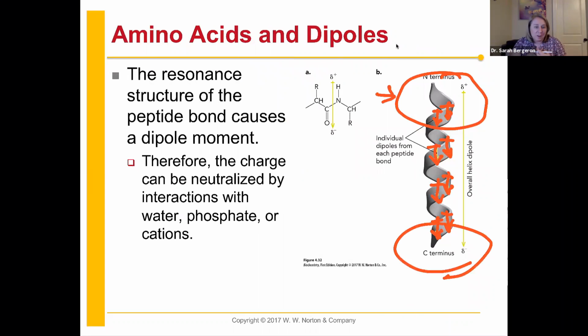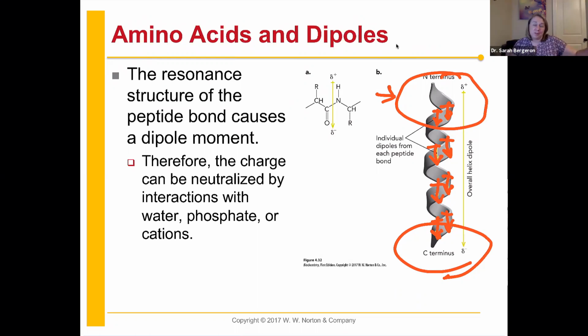And then at the C terminus, you can have positively charged amino acids like lysine and arginine. And that will end up neutralizing the dipole of the alpha helix.